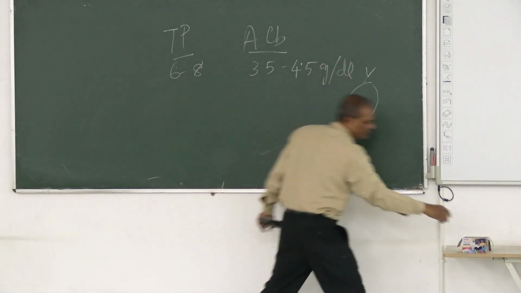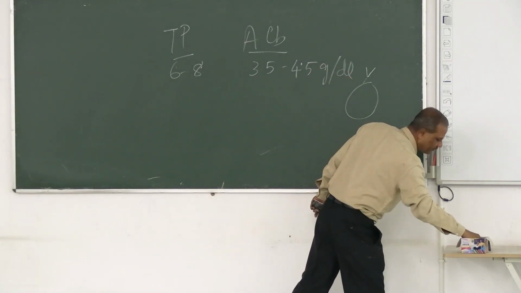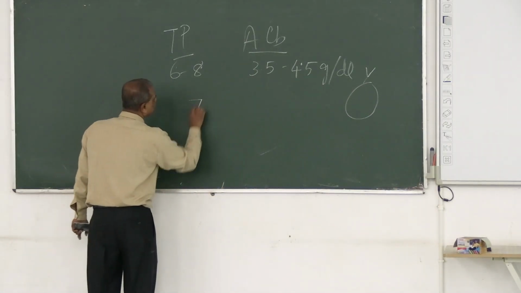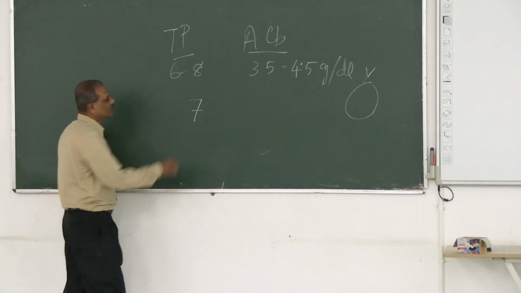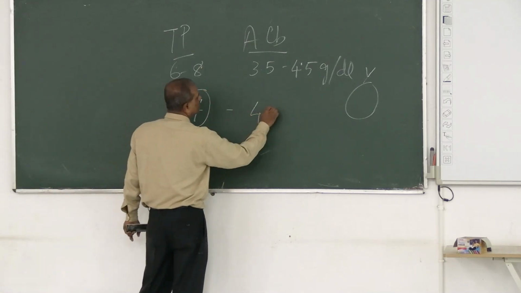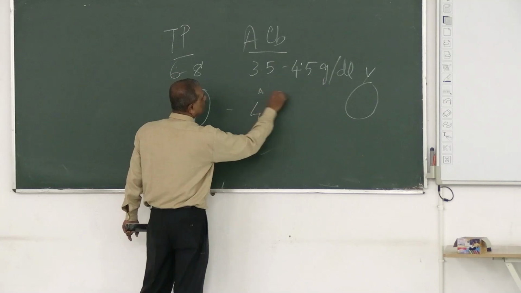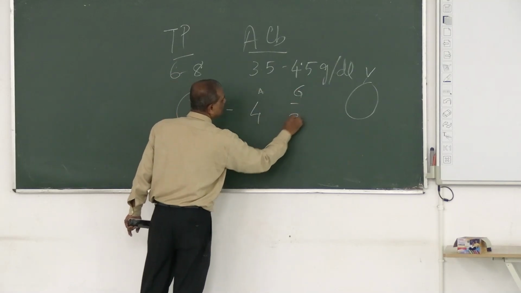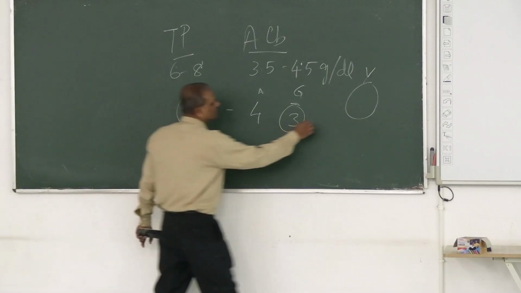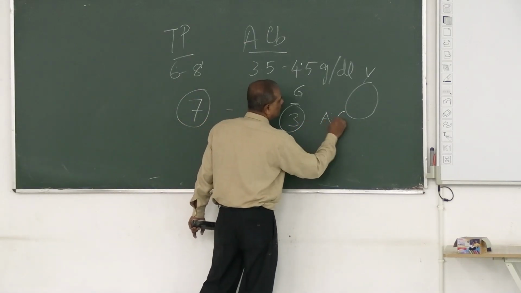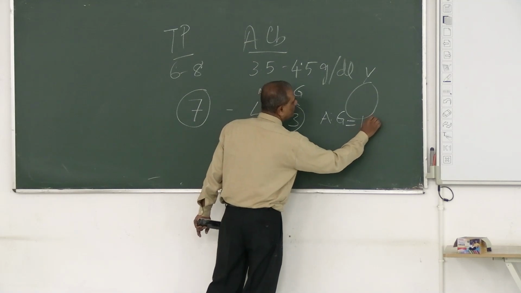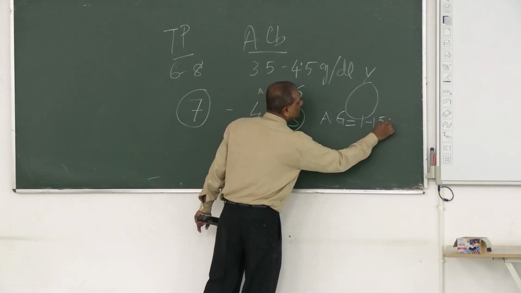Simply what we do in clinical practice: suppose somebody's total protein is 7 and albumin is 4. So globulin is basically 3, isn't it? So this is called the AG ratio. AG ratio is normally 1 to 1.5 is to 1.